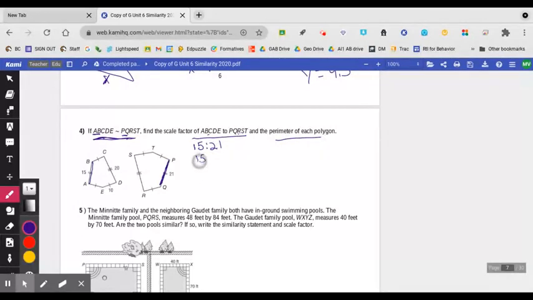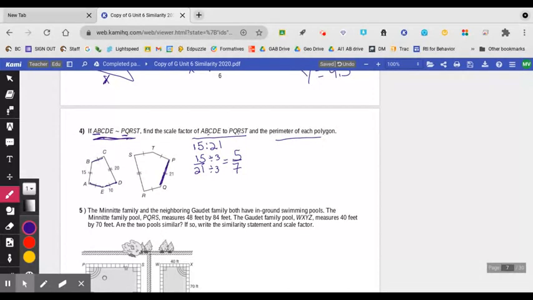Or I can write that as 15 over 21, which I could then reduce by dividing both numerator and denominator by 3 to get 5 to 7. Now I need to find the perimeter. So to find the perimeter of the small one, I need to look carefully because I need to notice that DE, AE, and BC are all congruent.